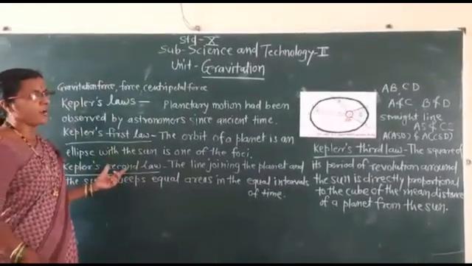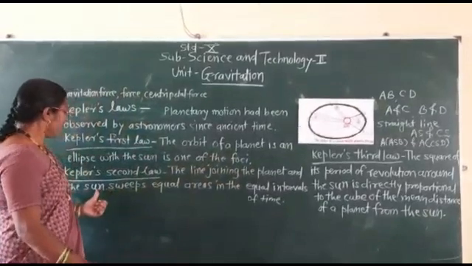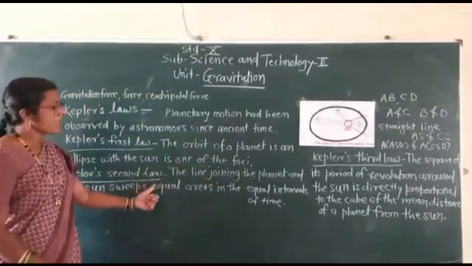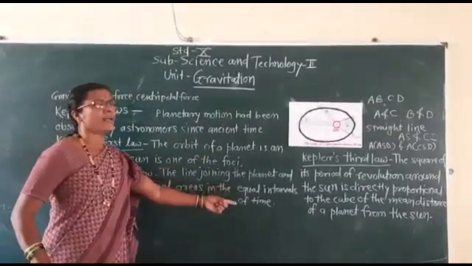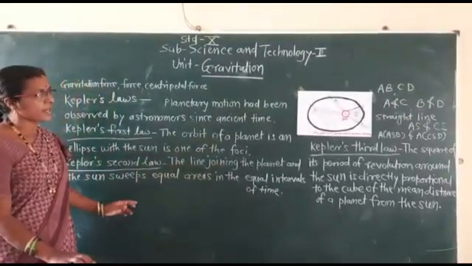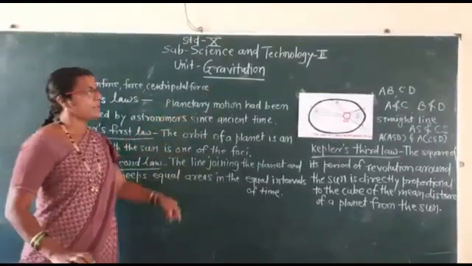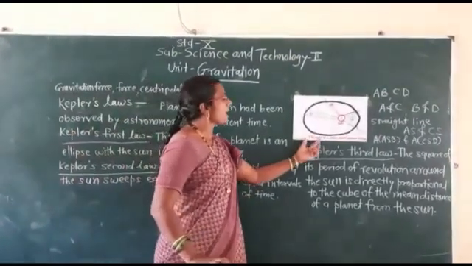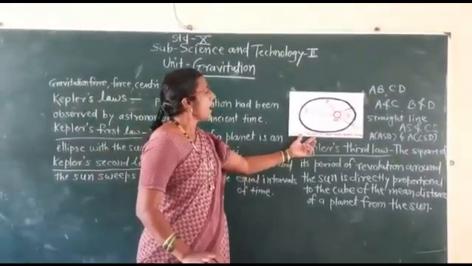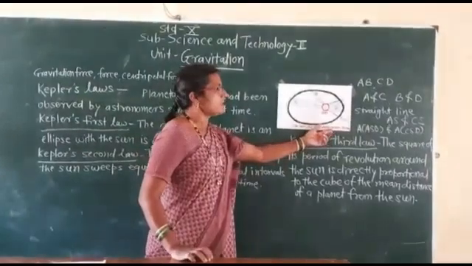Kepler's second law: the line joining the planet and the sun sweeps equal areas in equal intervals of time. To understand the second law, we observe the diagram. In this diagram the ellipse is the orbit of a planet moving around the sun.